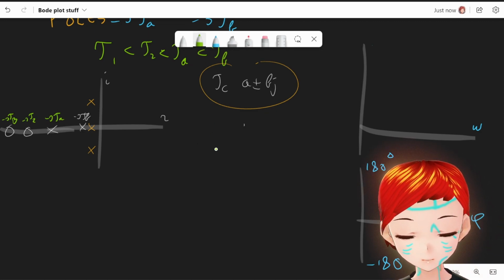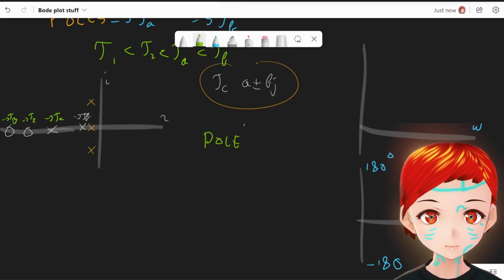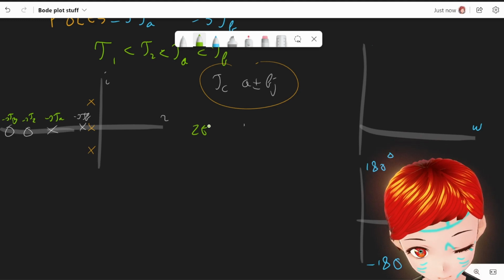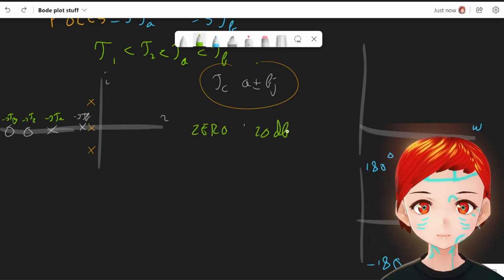To draw them, for every zero, it can be assumed that there's a 20 decibel per decade gain, while for every pole there's going to be a 20 decibels per decade drop.